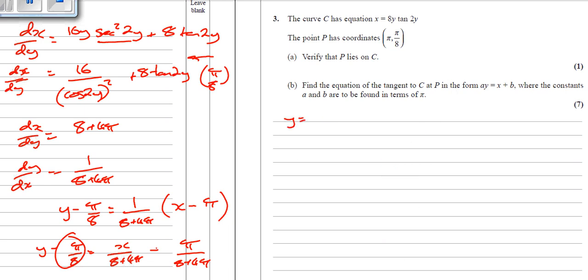So y equals x over 8 plus 4 pi minus pi over 8 plus 4 pi plus pi over 8.